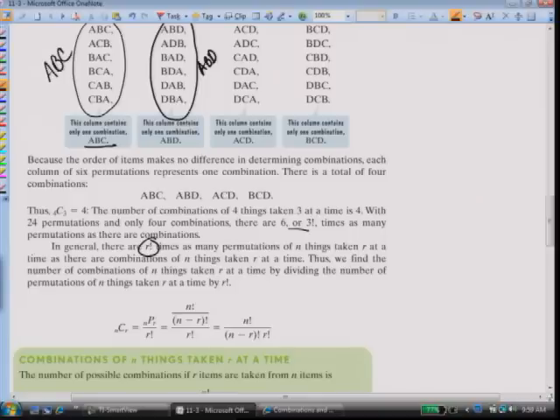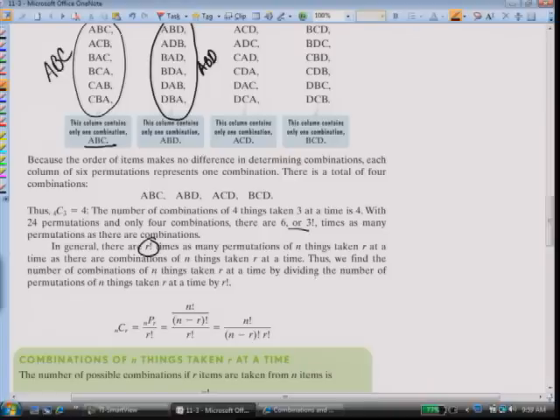There was N, and then the P or the C, and then the R. So there are R factorial times as many permutations of N things taken R at a time as there are combinations of N things taken R at a time. So if we want to find the number of combinations of N things taken R at a time, we just take the number of permutations and divide by R factorial. Okay, so since it was 3, we divided by 3 factorial, which was 6.